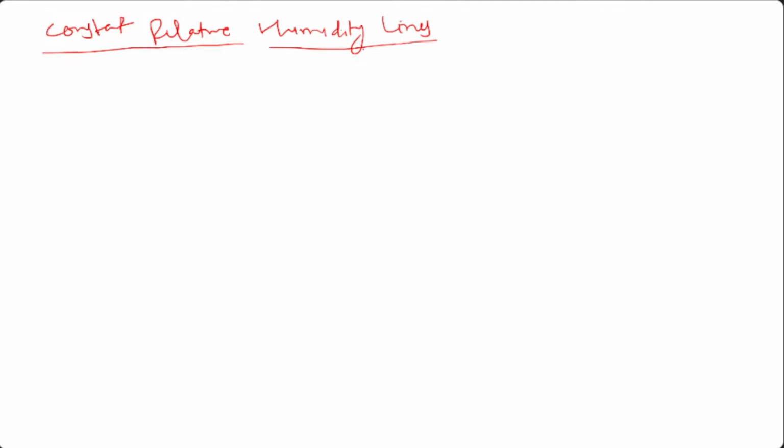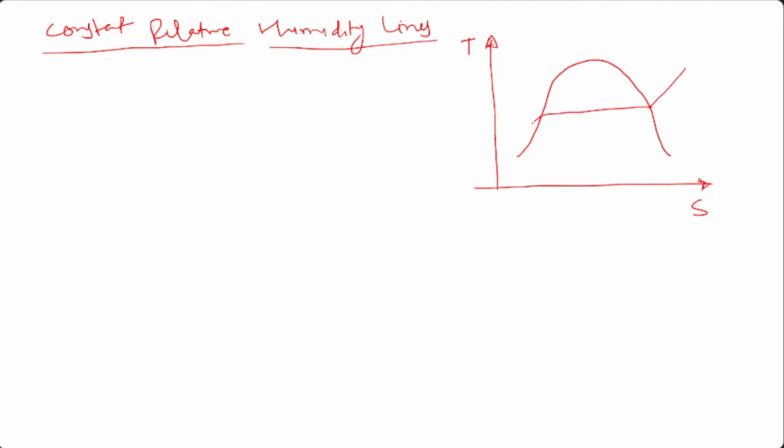Okay, so now let's say this is your TS curve. I think we have also drawn this previously as well. Let's say this is your PV, this is the state 1.